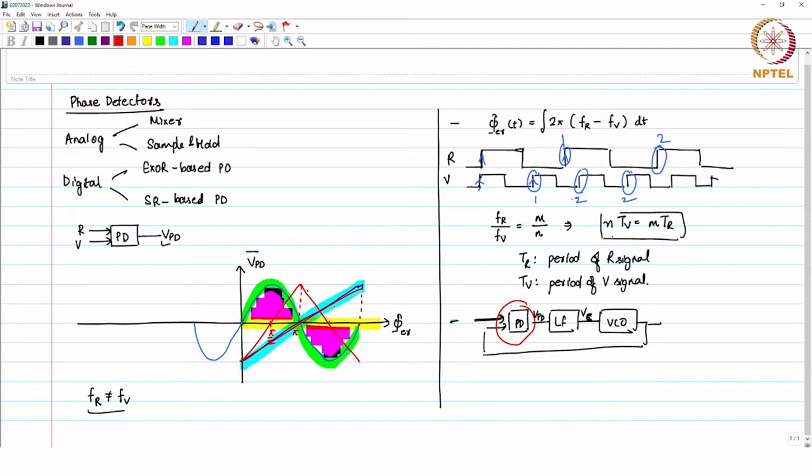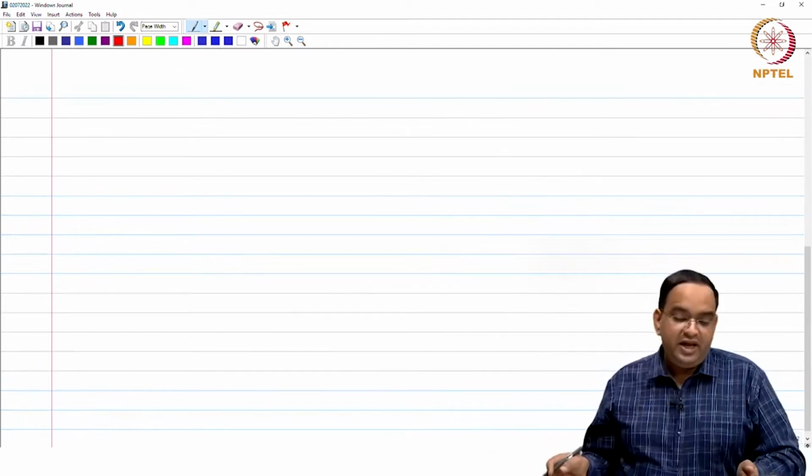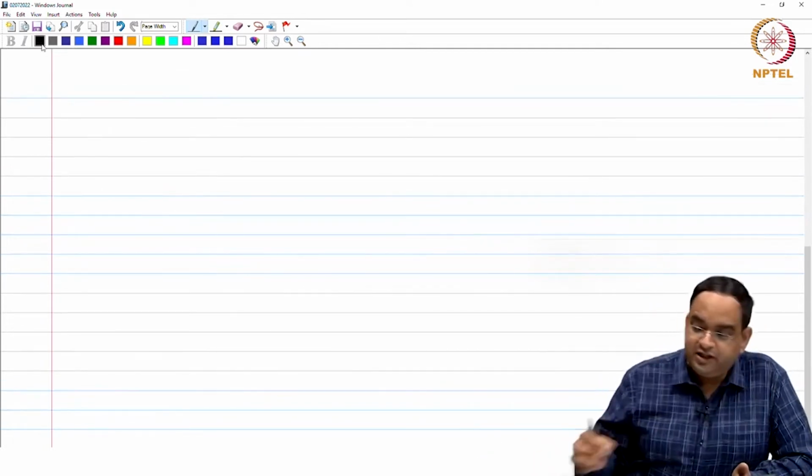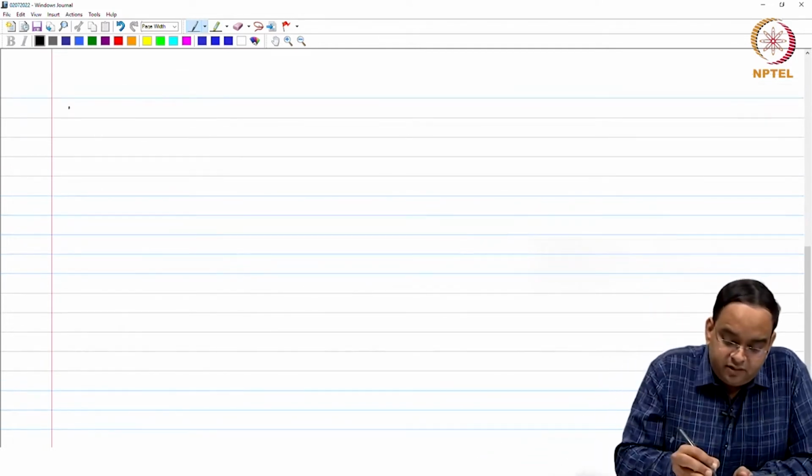Okay. So, that is the thing. So, what we are looking for here is a block which can give me the correct frequency error value, so that I can detect the frequency error and correct for it as soon as possible. Okay. So, we have a block called a phase frequency detector.